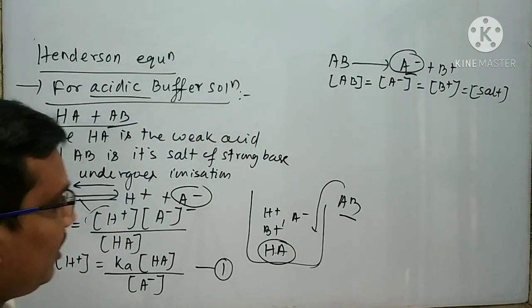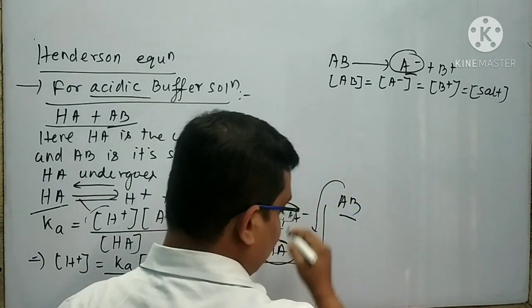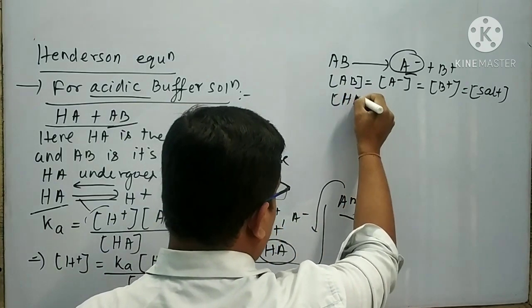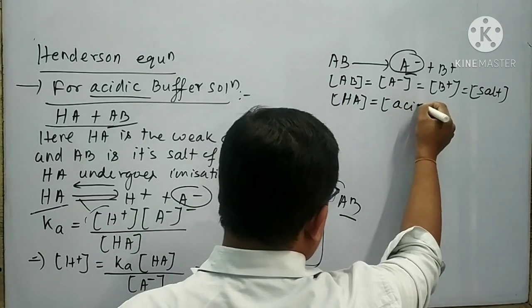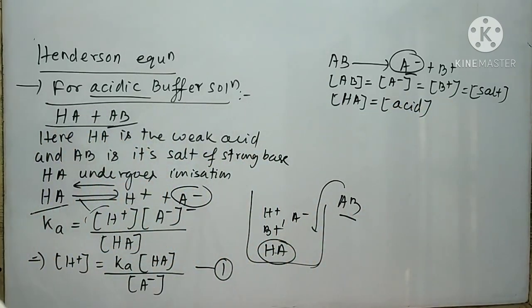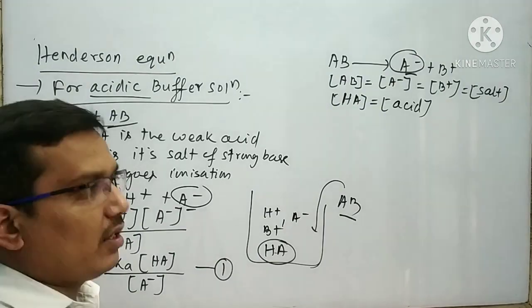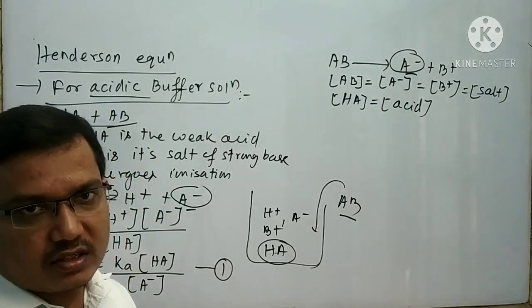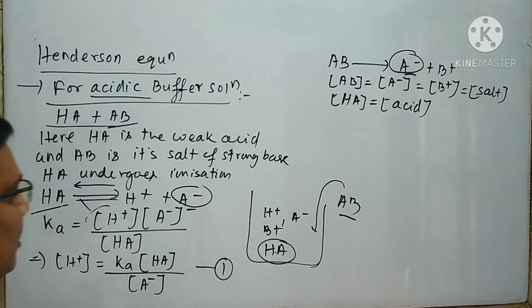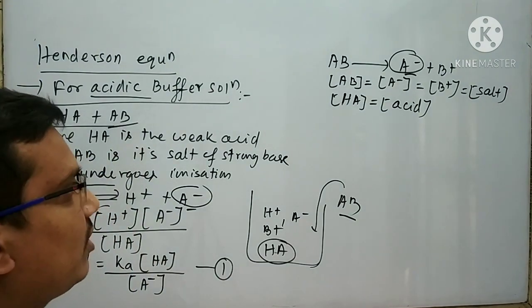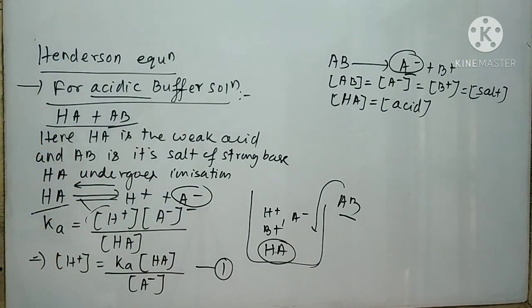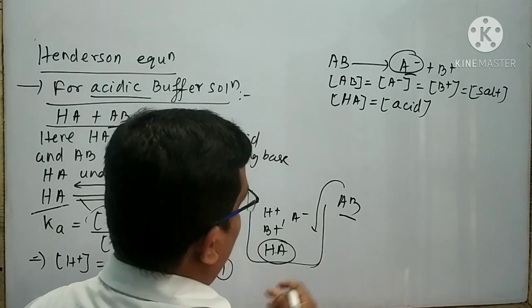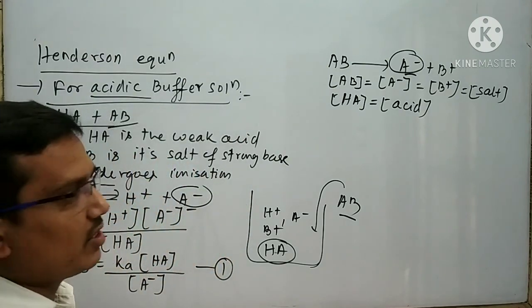In case of HA, I can write concentration of HA equal to concentration of acid, because HA undergoes dissociation only slightly. So we can think that there is no dissociation of HA, that means there is no formation of A minus and H plus ion. So in case of acid HA, I can write concentration of HA equal to concentration of acid.